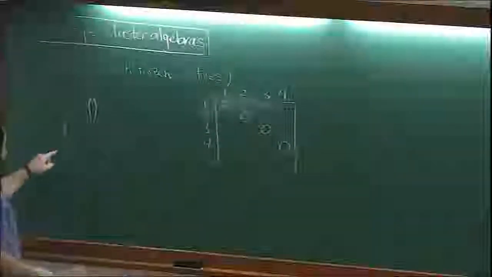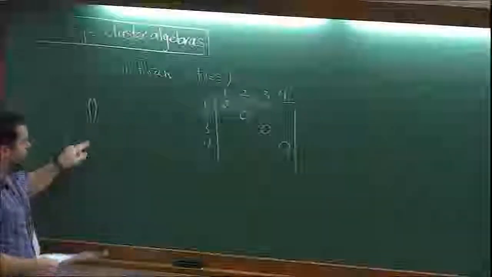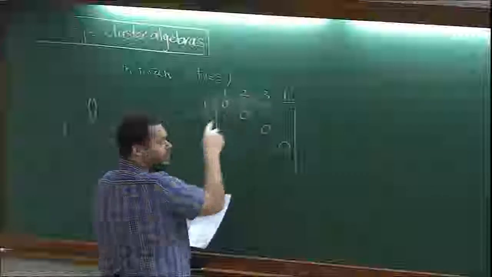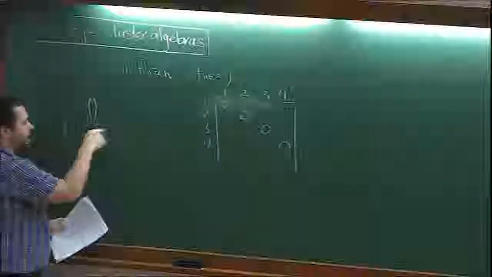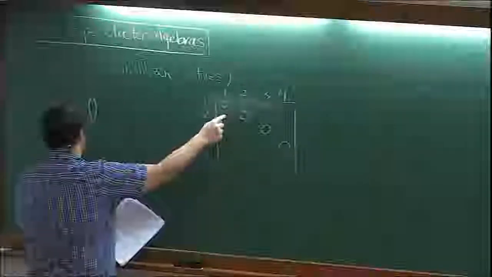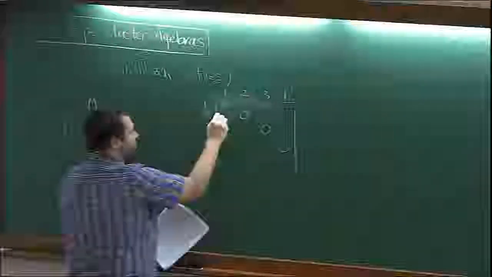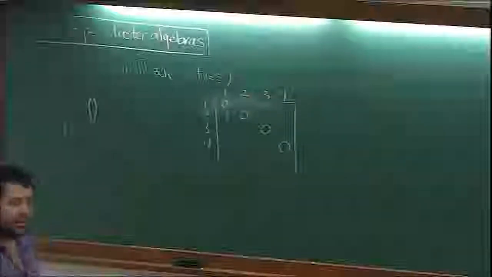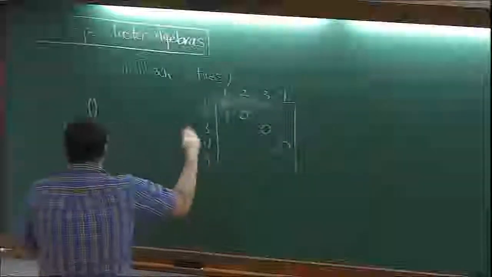Now from 1 to 2, I have one arrow. So in the 1 row and 2 column, I put a 1. And in the 2-1 entry, I see an arrow going in the opposite direction, so I put a -1 there. I continue in this way.